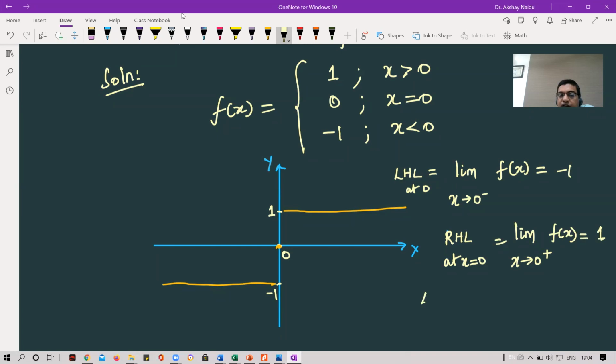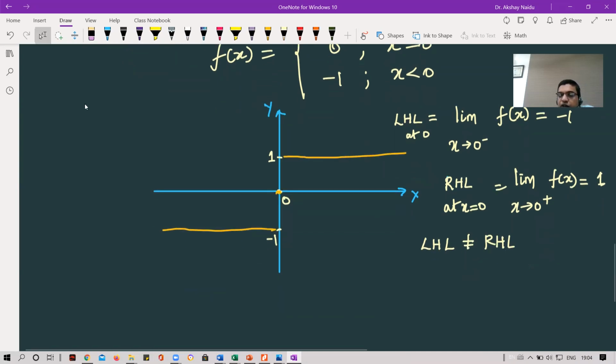So here you get left hand limit is not equal to right hand limit, as x approaches 0. Therefore the limit as x tends to 0 does not exist or is not defined.